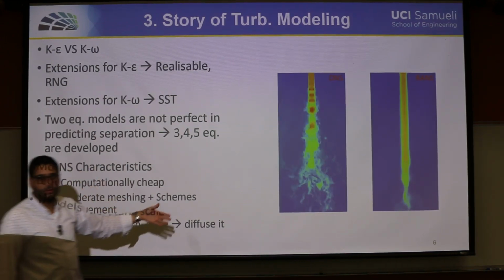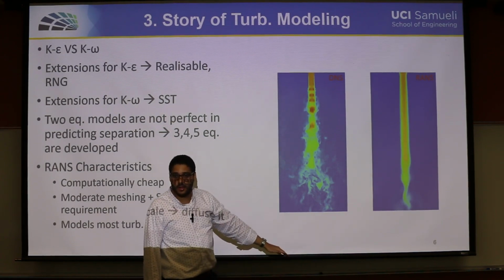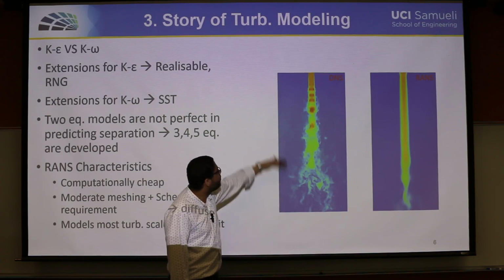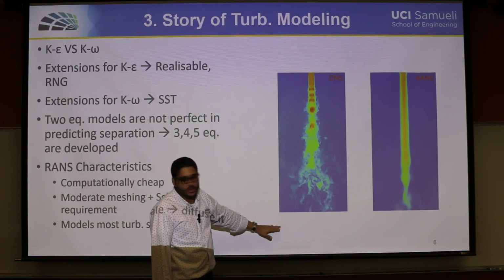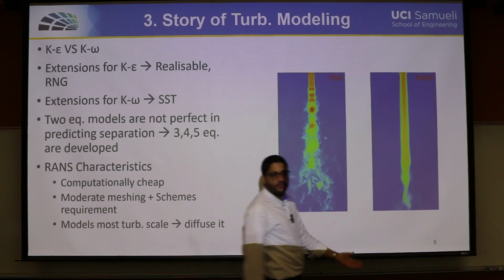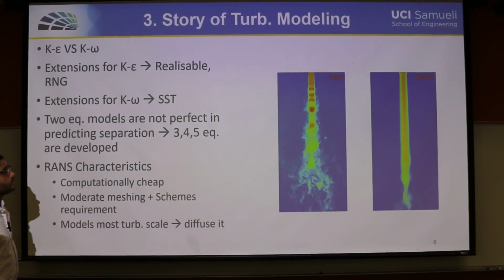That's what you get if you solve a DNS simulation for a jet flow. But if you solve that simulation with RANS, you'll get a very diffused solution of what has been happening in reality. So this means that it's not quite good.